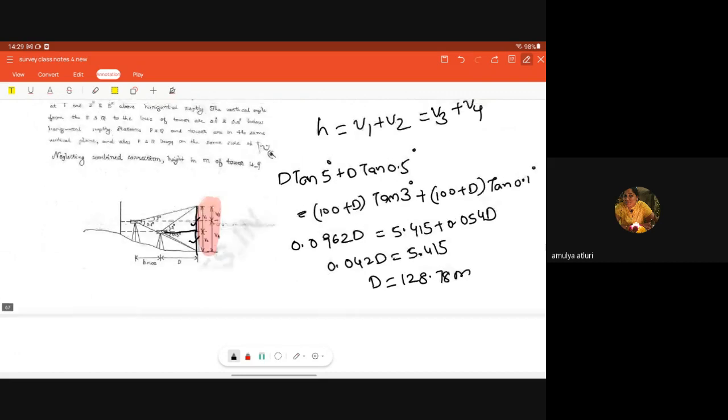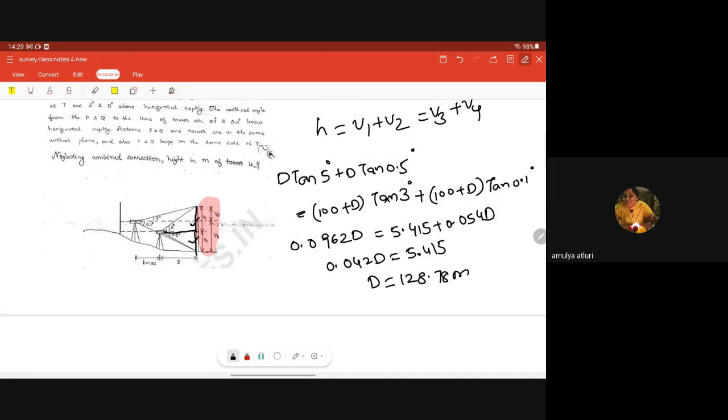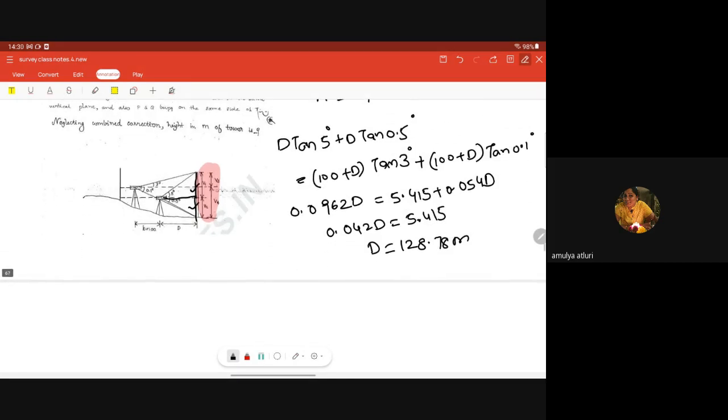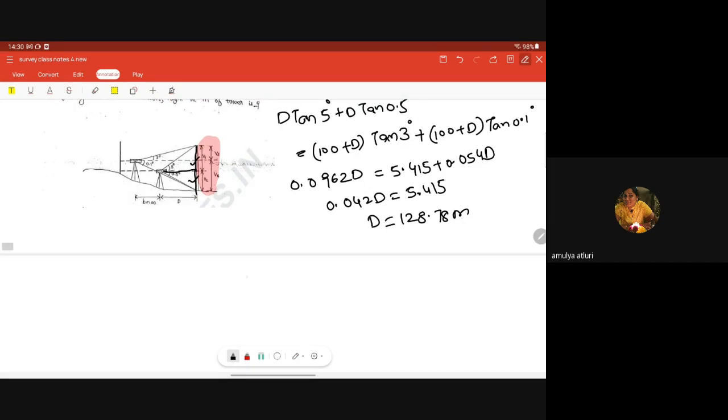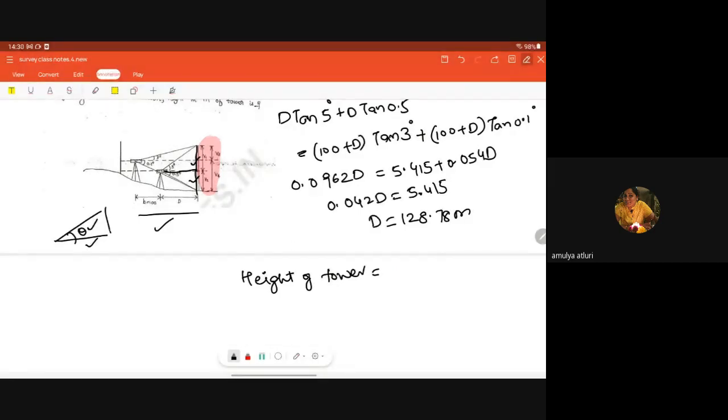Next, what they want us to calculate is the total height of the tower, right? So the height of the tower is equal to, we know this thing, right? D, we got it from this. And we know the total angle also. We know the theta and we know the distance, then we can calculate this one.